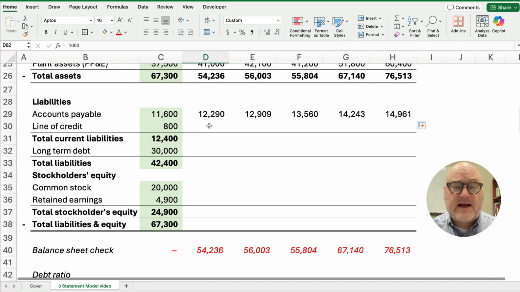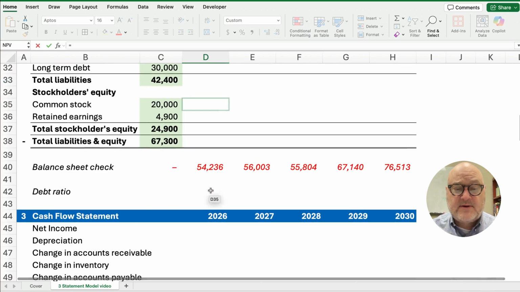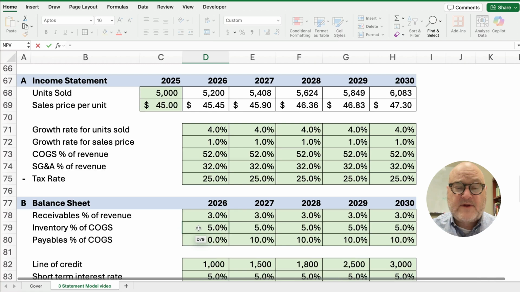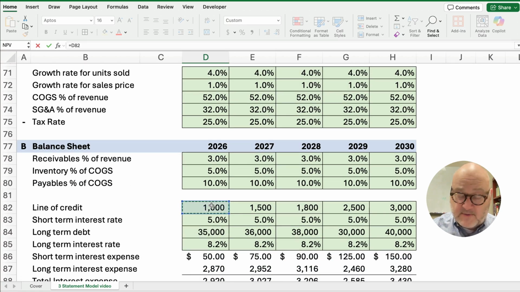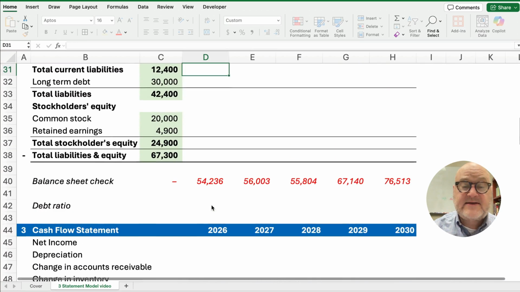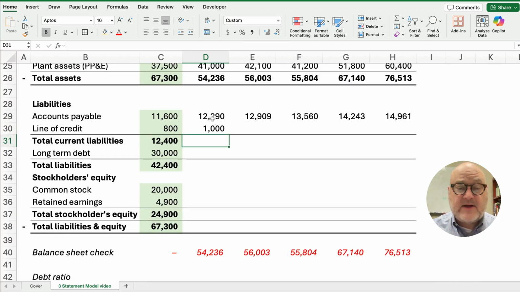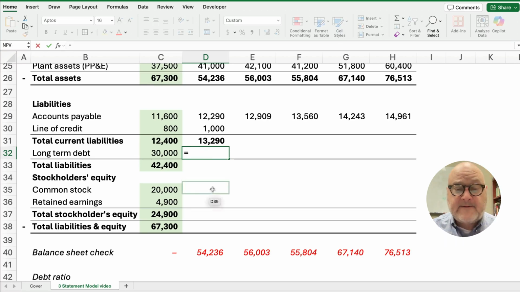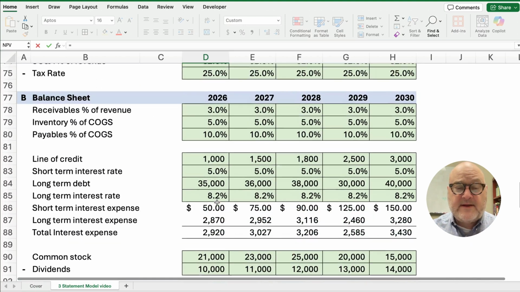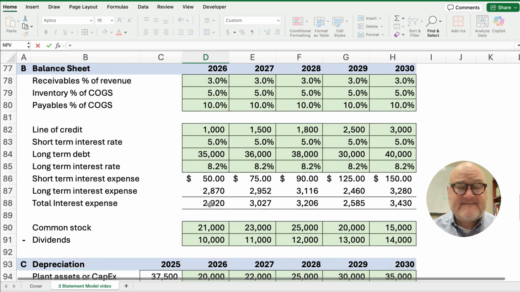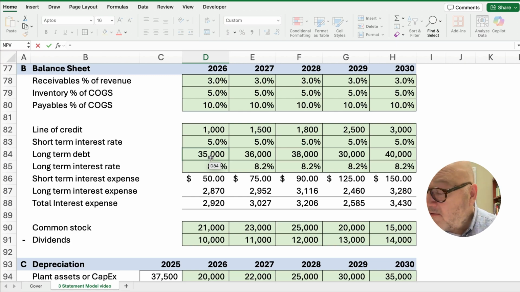So up here on our line of credit, I'm just going to point to it, it's going to be the line of credit or the short-term debt is 1,000, and we can copy that across. And here what we can do is we can go ahead and calculate this as our total, right? 13,000. What about long-term debt? We can do that. That long-term debt is also going to be right here, 35,000 is our long-term debt.